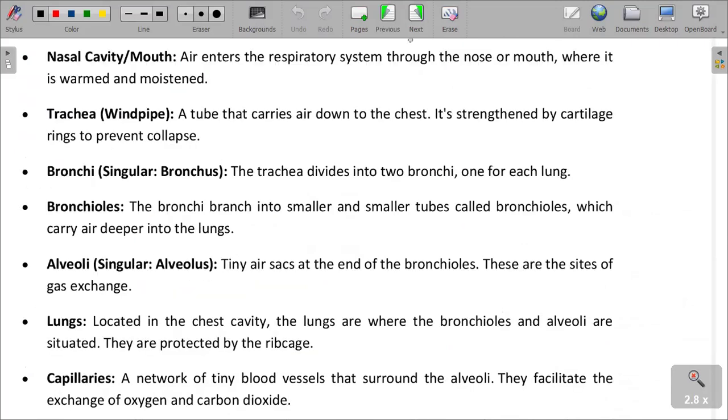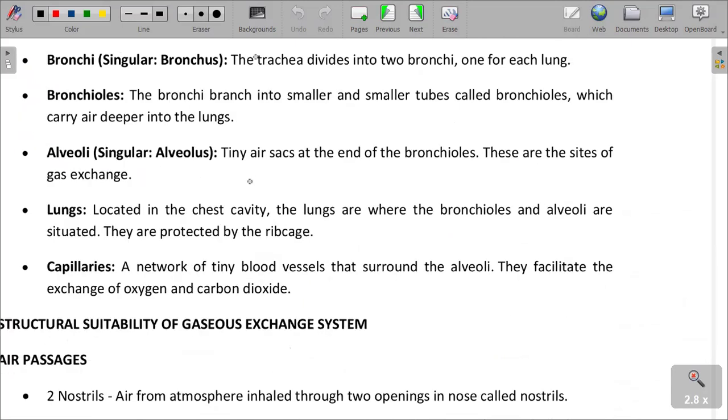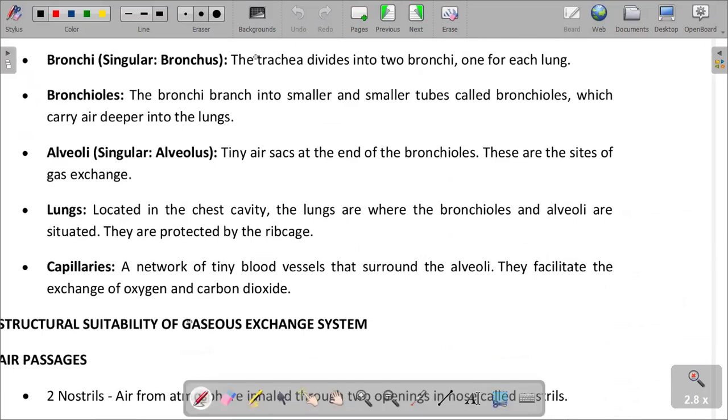We're going to talk about the functions of all the parts that I've shown you there. What's the function of the trachea? What's the function of the alveoli, the lungs, the capillaries? And then the structural suitability of the gaseous exchange system.